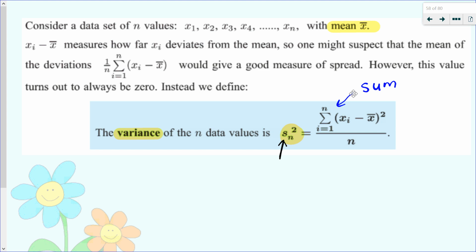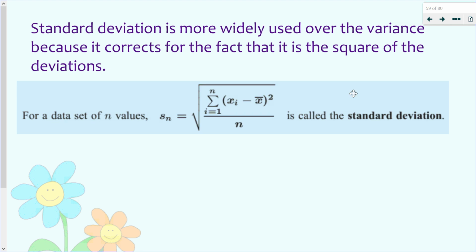There's a neat little table that's used to calculate variance, and that's what we're going to be using so that we can really organize our data. For those of you that rely on the graphing calculator to tell you the answer, that's not going to be super helpful because I'm going to require you to show your table in order to show your work. Now, the more popular measure than variance is standard deviation.